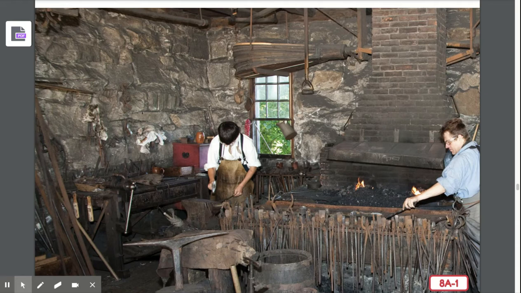What is the name of the tradesperson who makes tools out of iron? Did you respond blacksmith? Why is the blacksmith important?